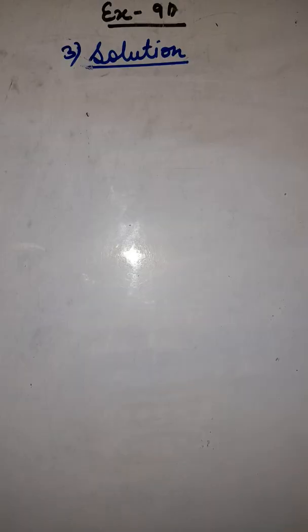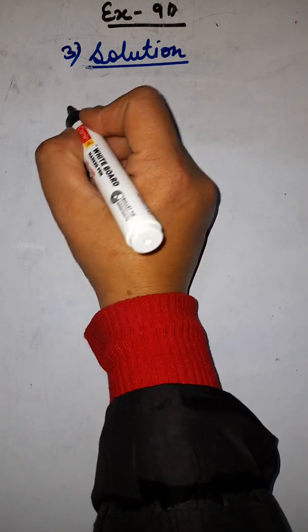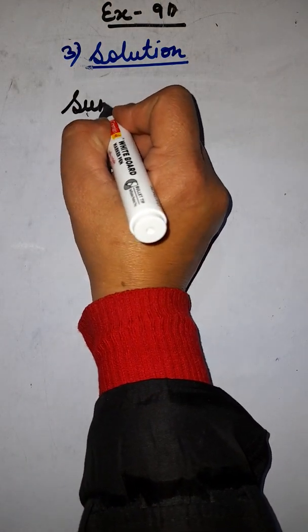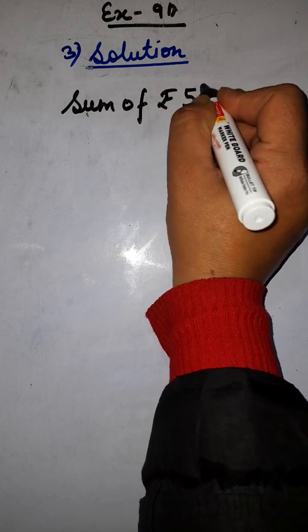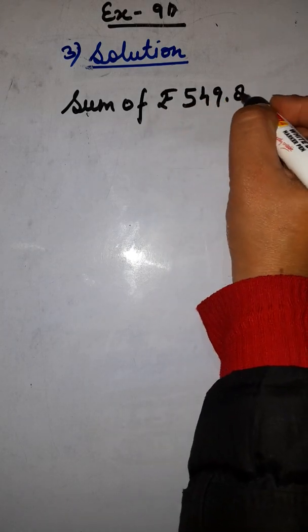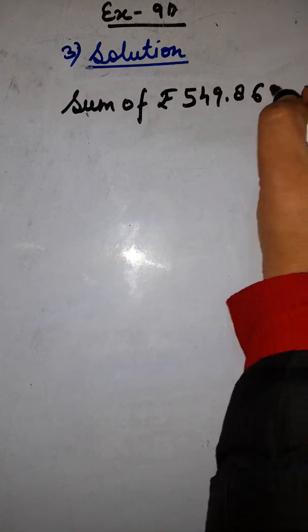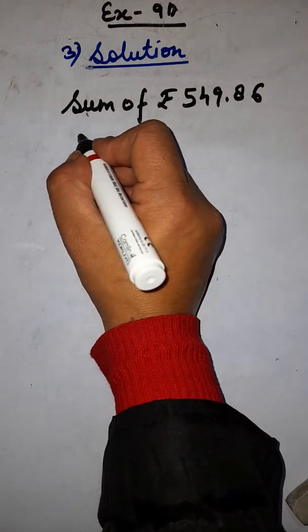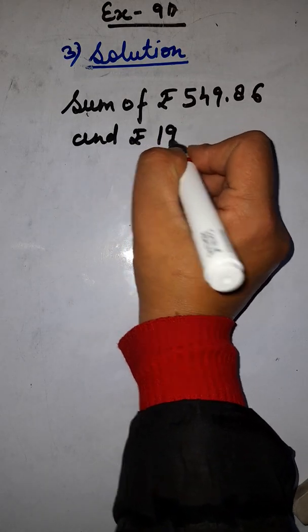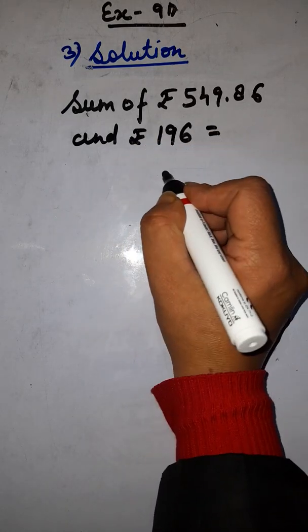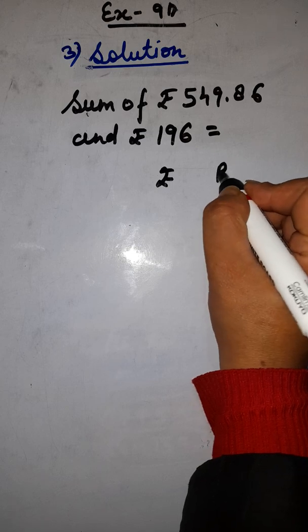Okay, solution number 3. First we'll write sum of rupees 549 and 86 paise and rupees 196 is equal to rupees paise.